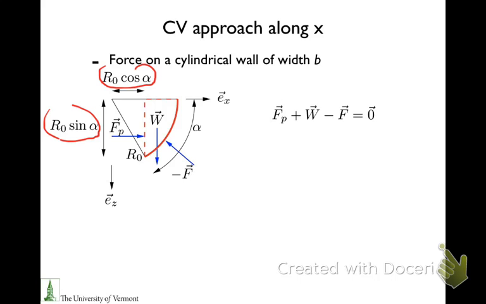Again, we have static equilibrium, and the only force acting vertically is the weight. The weight is equal geometrically to rho g times the volume of the wedge minus the volume of the triangle.